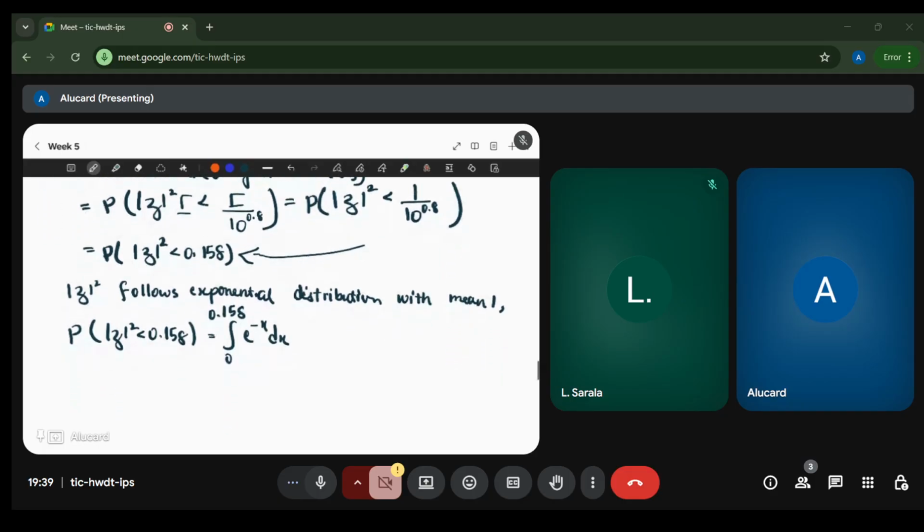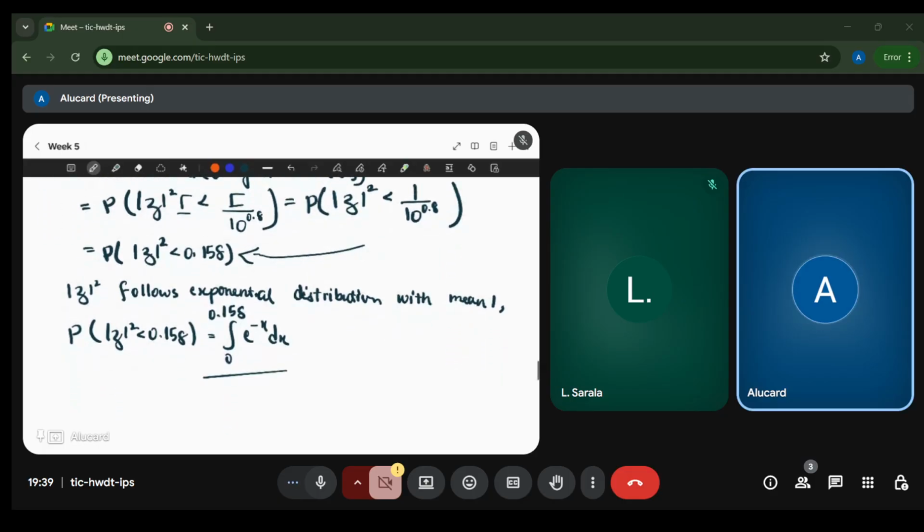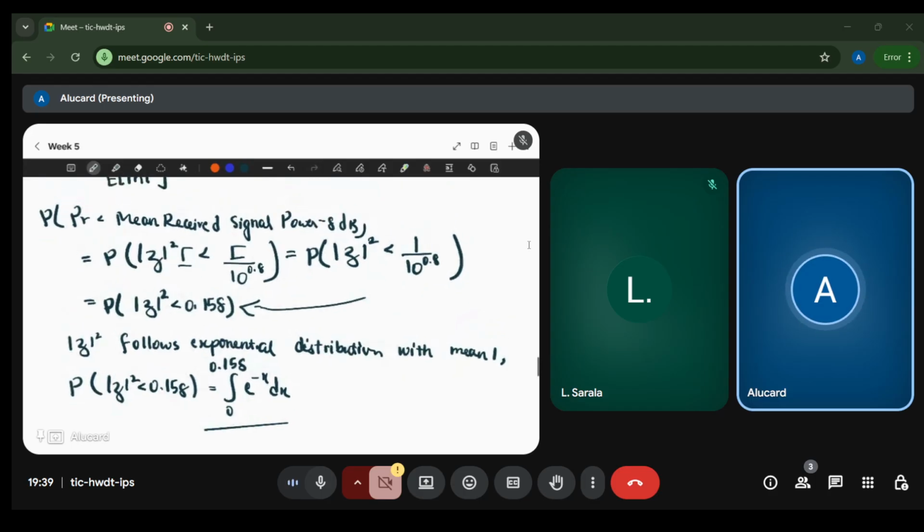Now this integral, you can do it, and you find the value of that integral, that will be the answer.